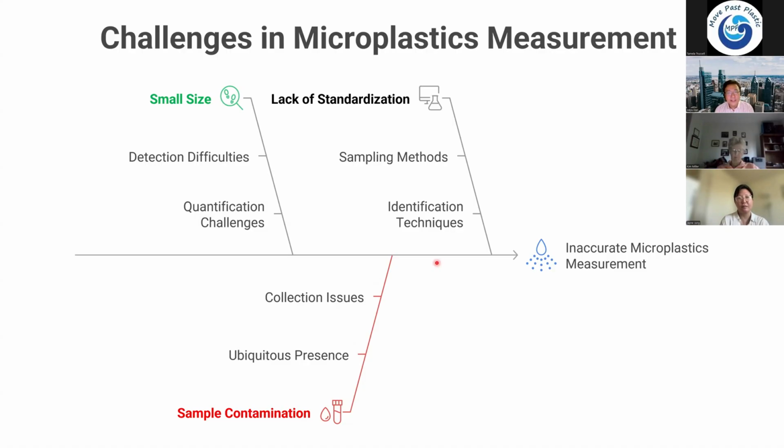Because of these challenges, sometimes we cannot directly compare results from study to study. And unfortunately, sometimes the reported values from the studies overestimate or underestimate the microplastics in any environmental media.